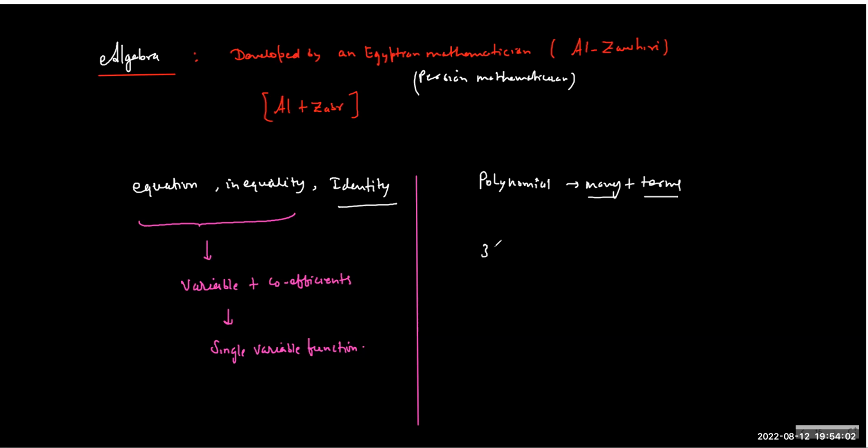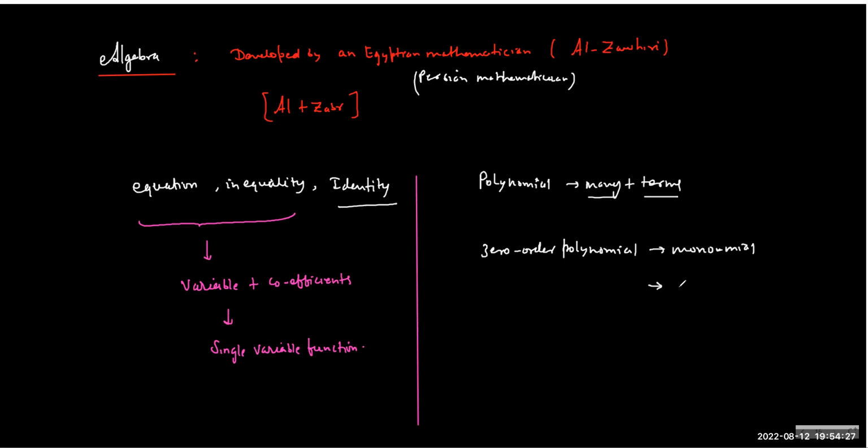The first one is called zero order polynomial, which is also called monomial. As a literature, we assume it is part of polynomial, but it's a single term.